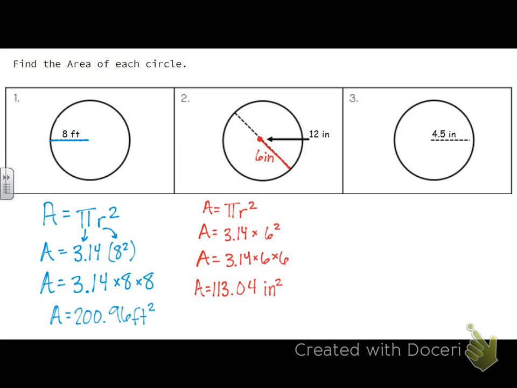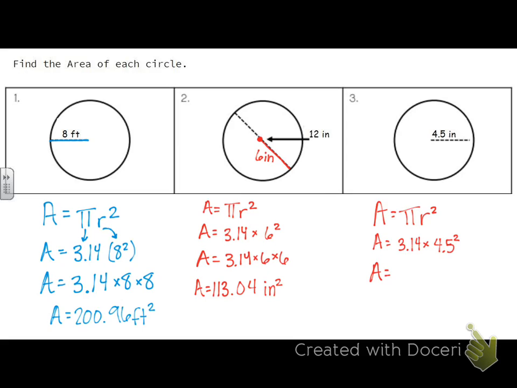Alright, and number 3, again, you've probably got it by now, but I'm going to go over one more. So area is pi r squared. Here they've given us our radius, so let's just plug it in. So 3.14 for pi times my radius, 4.5 squared.